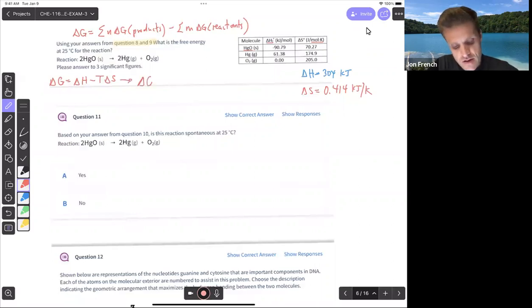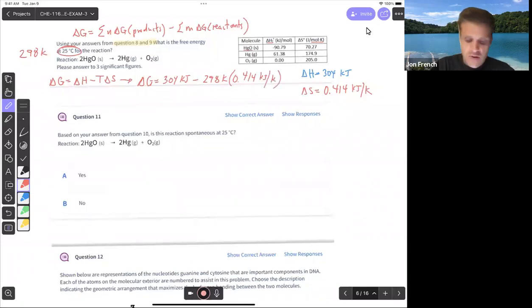So delta G equals, my delta H was 304 kilojoules. It's an endothermic reaction. I'm running it at 25 degrees Celsius, which is 298 Kelvin. And my entropy, I do have a positive change in entropy, 0.414 kJ per Kelvin. I multiply, Kelvin cancels out.